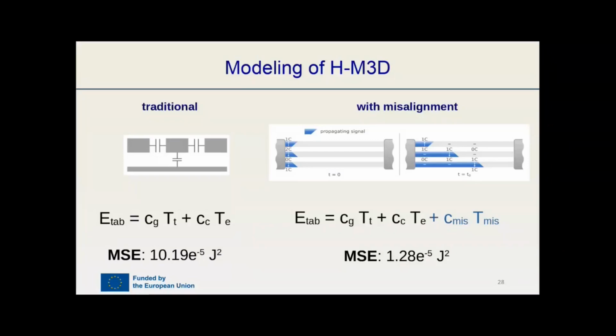If we want to improve the accuracy, even in the case of misalignment, what we can do is add one term, here the term capacitive misalignment multiplied by the misalignment term, that fundamentally models the effect of the variation of the energy when the patterns that propagate through our bus move over time.